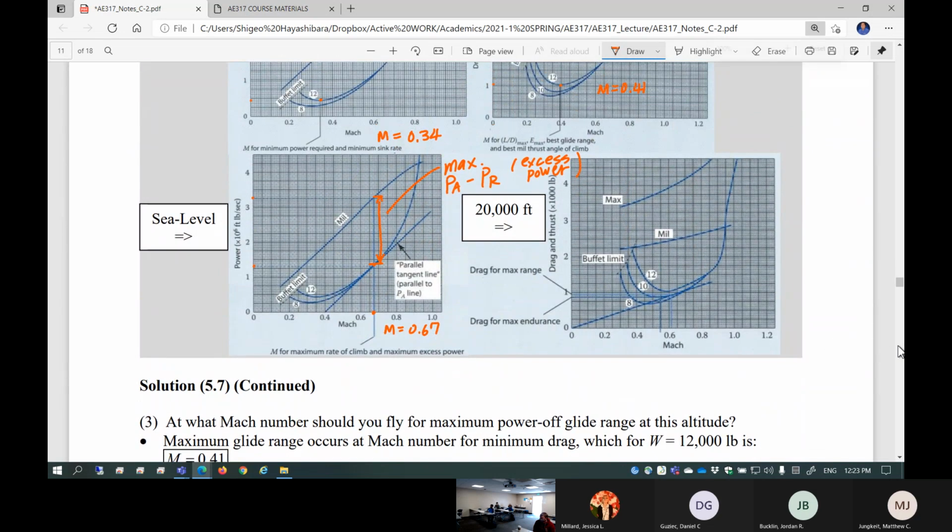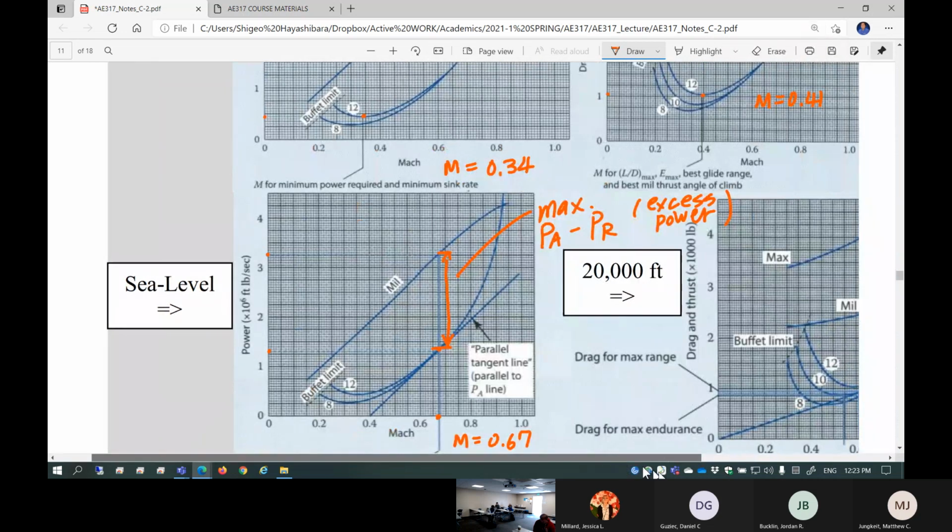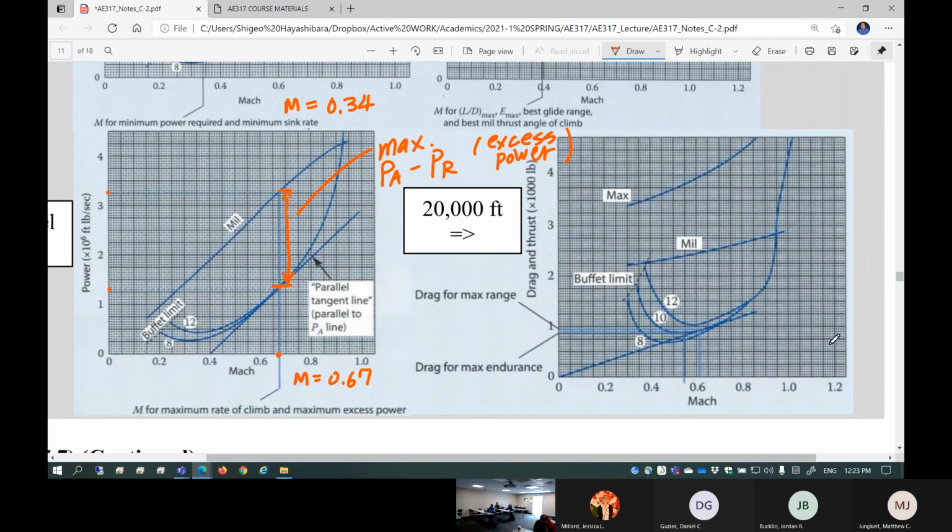So this is the 20,000 feet data. You are now using the average airplane weight, so you track the 10,000 pound average weight line.